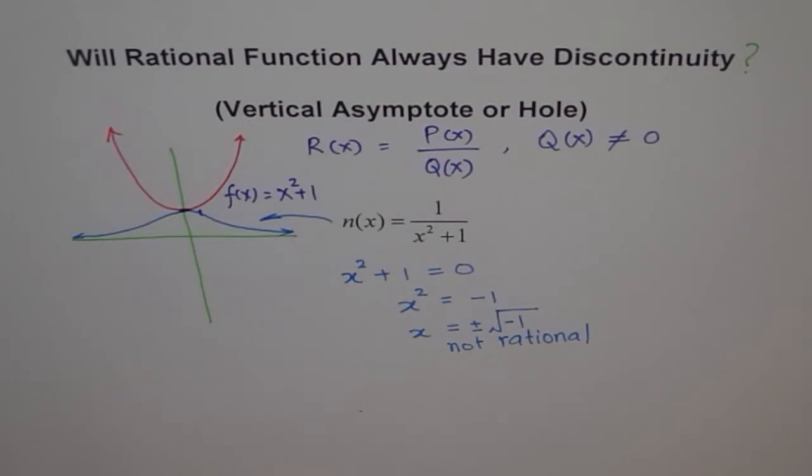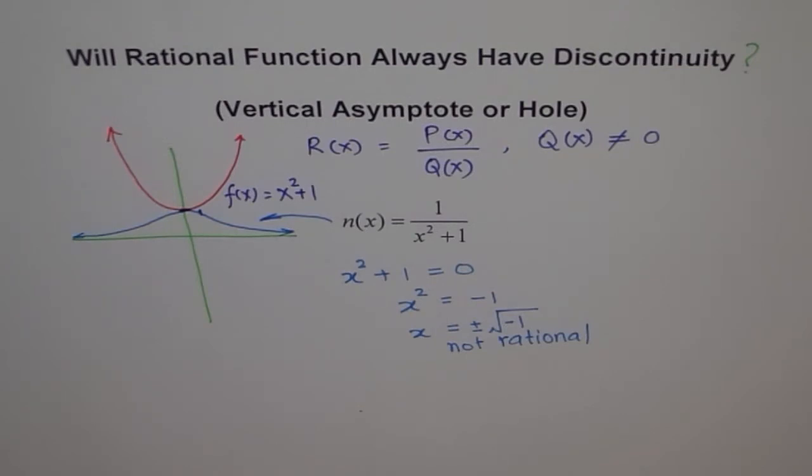Therefore, we can now say that there are many rational functions which will not have vertical asymptotes or holes, right? That is, there are many rational functions which will be continuous all along their domain of real numbers. I hope you remember this diagram and this example.